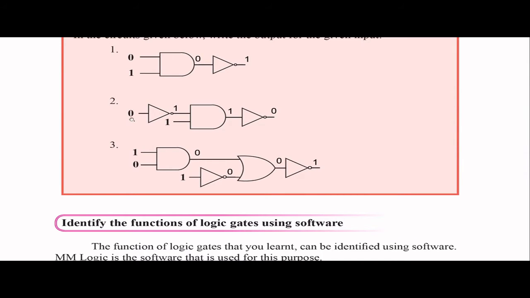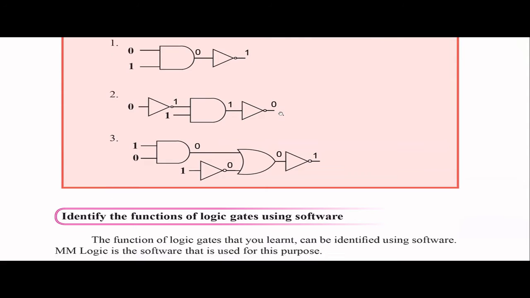Initially they give 0 as the input, so this will negate the input, so the output will become 1. So here one input is 1 and the other input is also 1. So this is an AND gate, both inputs are 1, so the output will become 1.